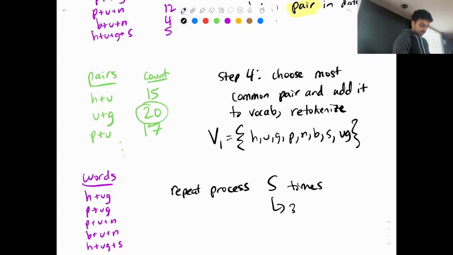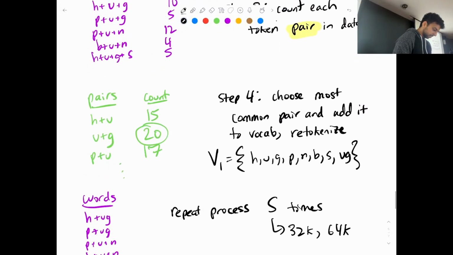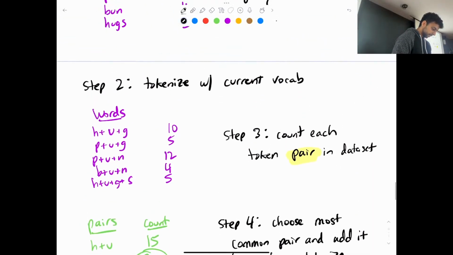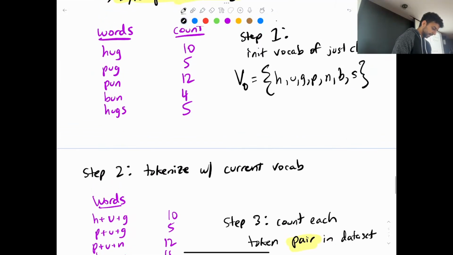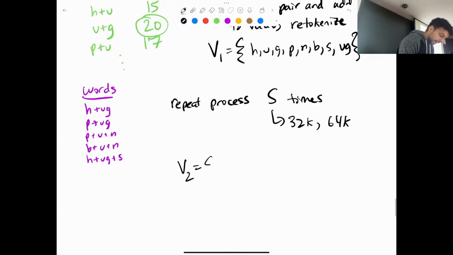This today is usually something like 32K or 64K, where at each step we add one new thing into the vocabulary, like the most frequently occurring thing. So if we were to run this process on this data set, maybe the next time we add PU.